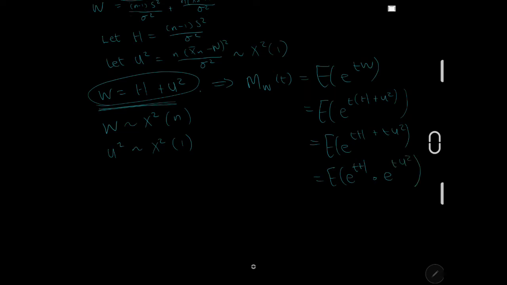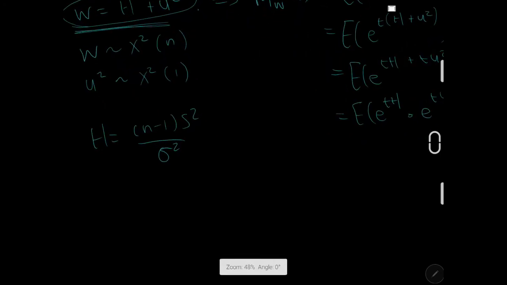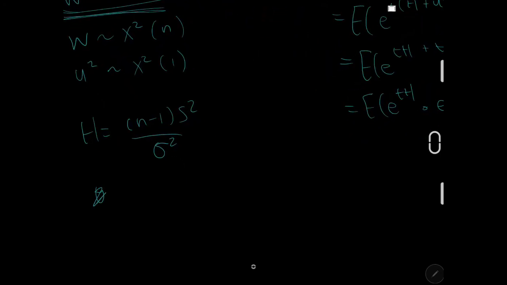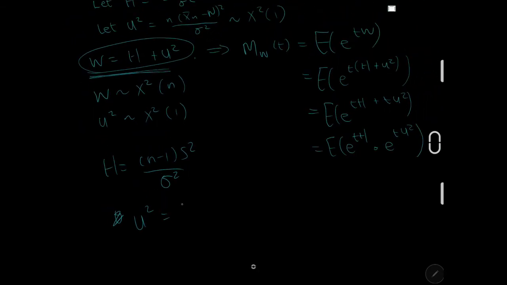And now this is important because we've got this function of u and we've got this function of h. Now remember that h is equal to n minus 1 s squared over sigma squared. So h is a function of our sample variance, and our definition of u squared is n times (xn bar minus mu) squared all over sigma squared.